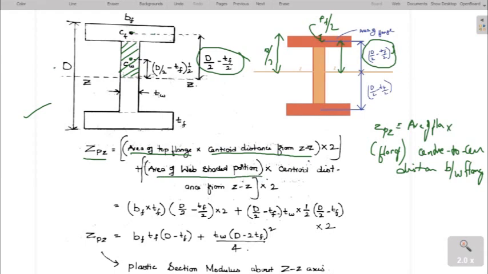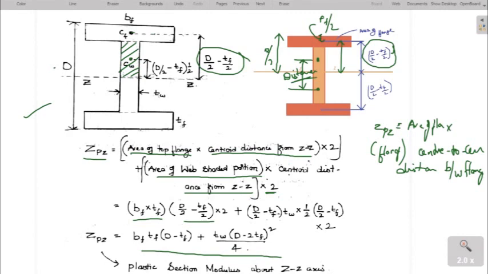Area of the web into centroidal distance from the ZZ into 2. See here, this is the centroid of this and this is the centroid of this. So this distance has to be multiplied by the area. So now on substitution of those values, this is the equation.